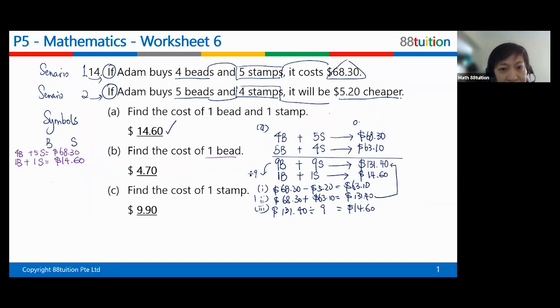what do I do next? Any suggestion? Casey, if you are ready, do give us some inputs. Shiza, how about you? What is the next thing you think you want to do? After that, we have to find the cost of one piece.